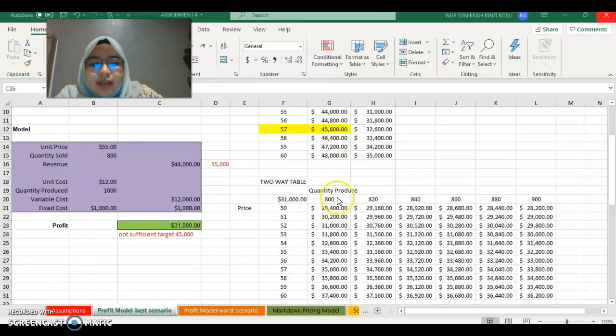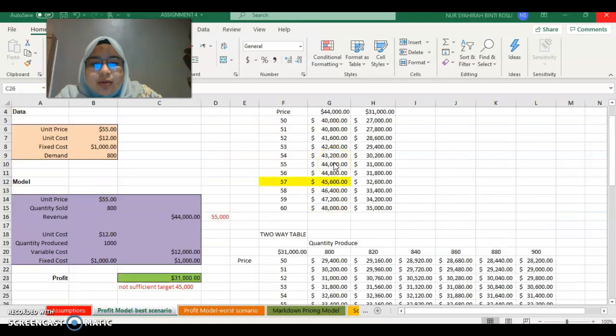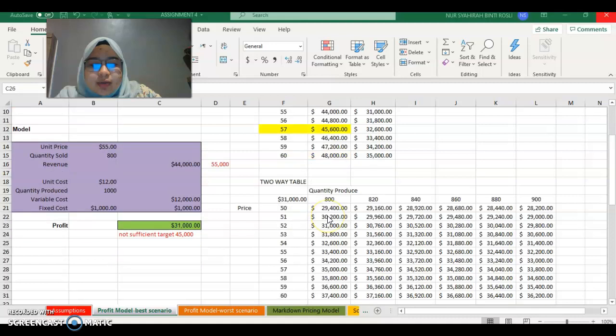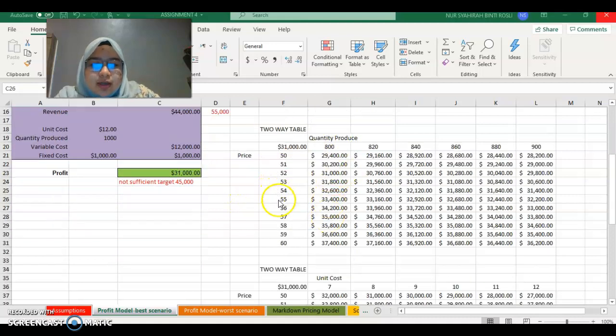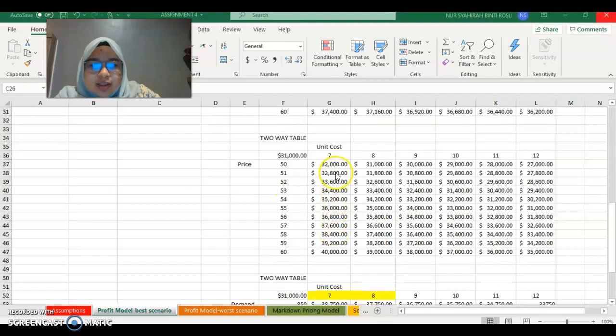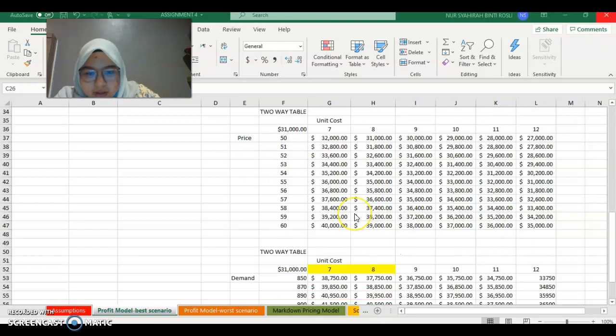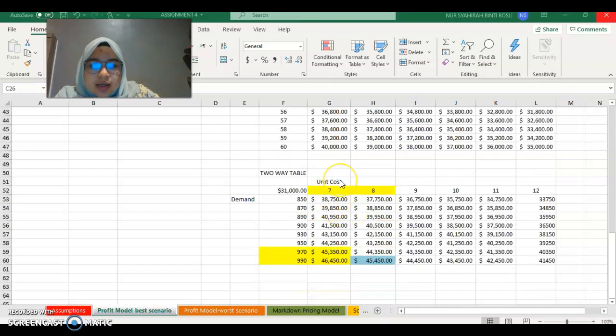After I tested the one-way table and two-way table, I compared quantity produced and price, but there is no data for that. And then I tried again with unit cost and price. Then I also don't have the data. The last one is unit cost and demand.